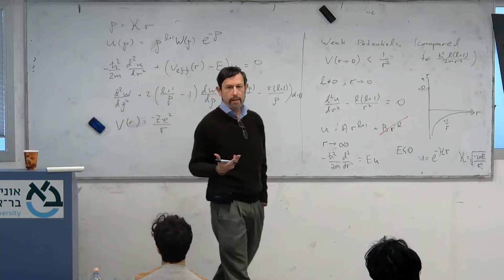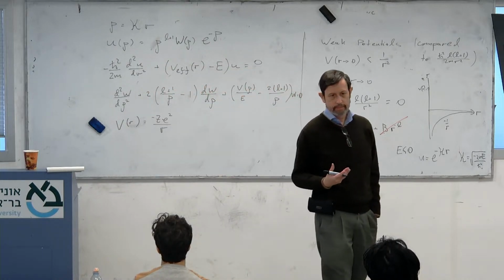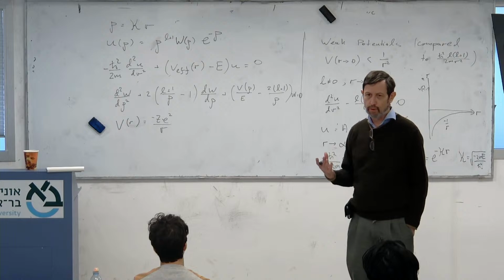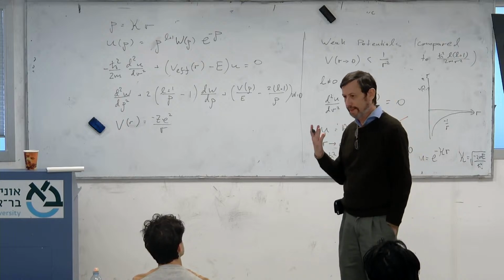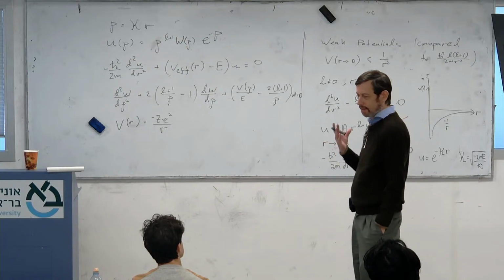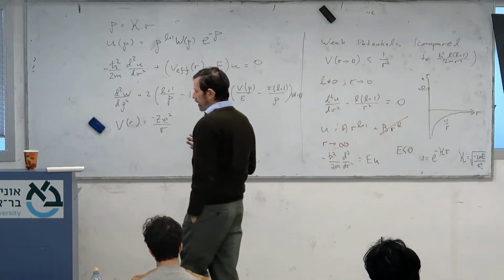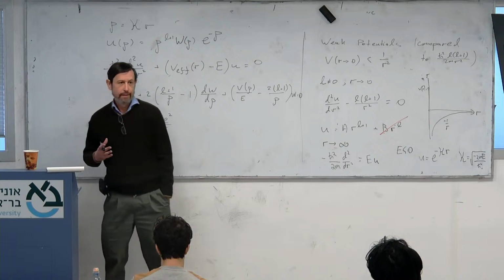Okay, what's Z here? Number of protons. Why do I write it in this way? We know that the number of protons in the hydrogen atom is simply 1.